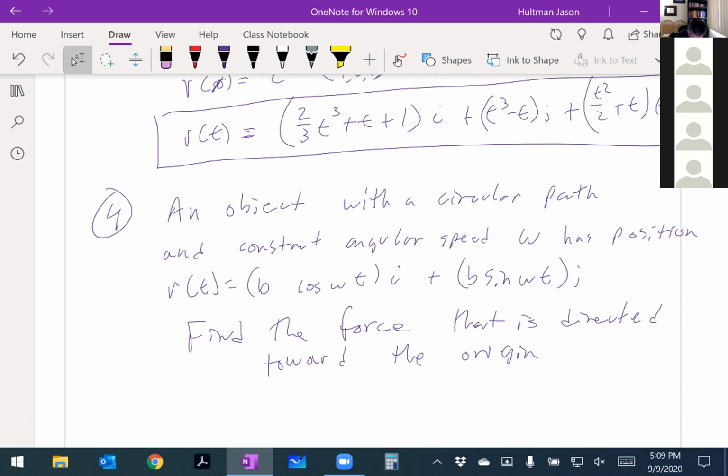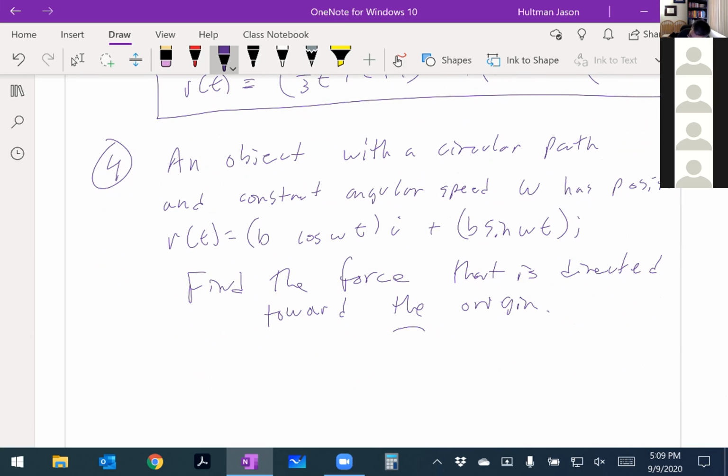Okay, so the force that is directed toward the origin. We have this circular path, and out here is b, which is our radius.